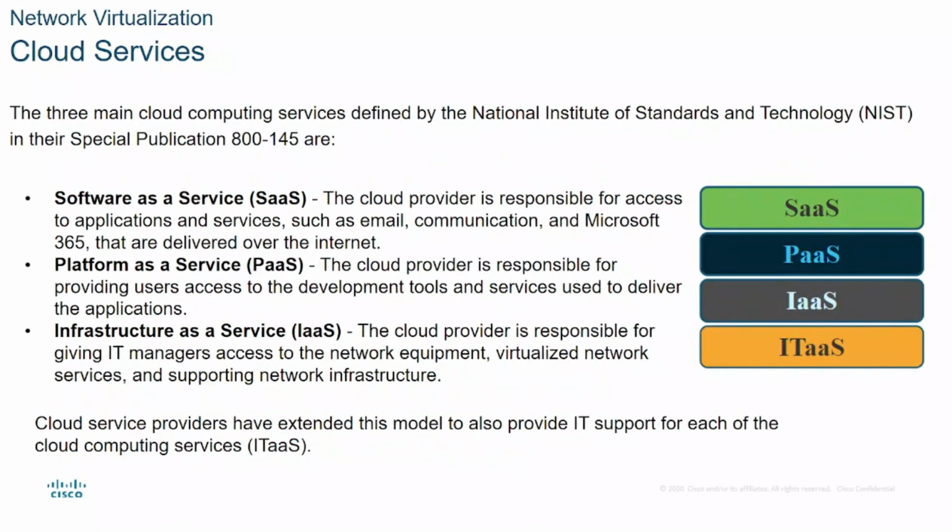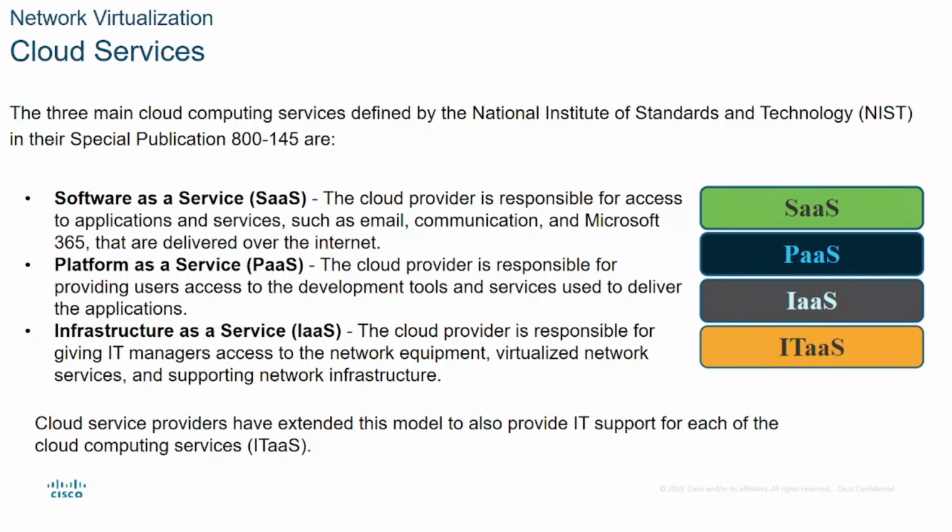So there are different cloud services, all right. The three main cloud computing services identified by the National Institute of Standards and Technology in their special publication 800-145 are SaaS, PaaS, IaaS.